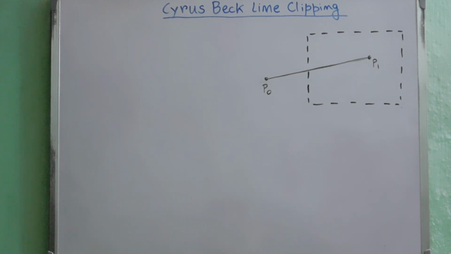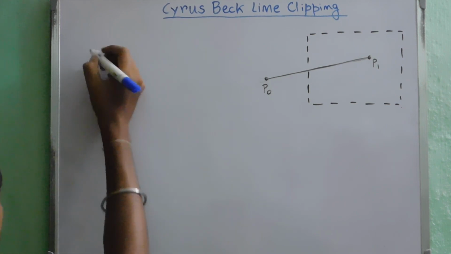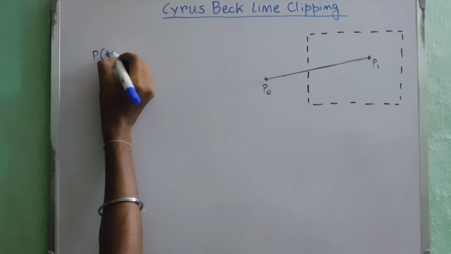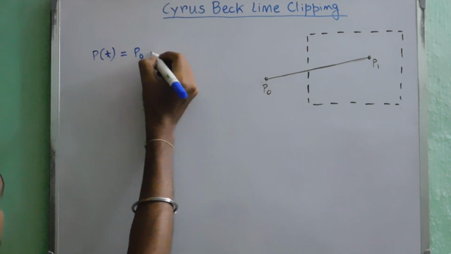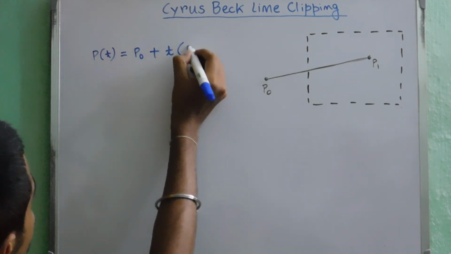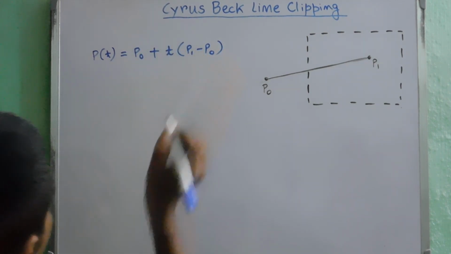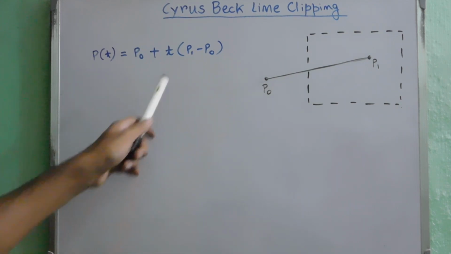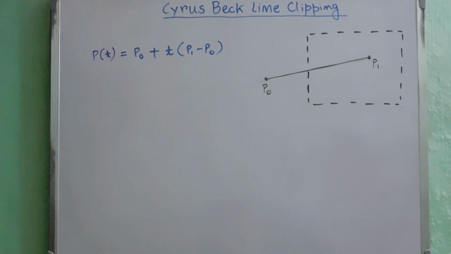Now the parametric representation of this line is P(t) = P0 + t(P1 - P0), where t is the parameter. We will find out the value of t later. Before that, let's understand the algorithm.